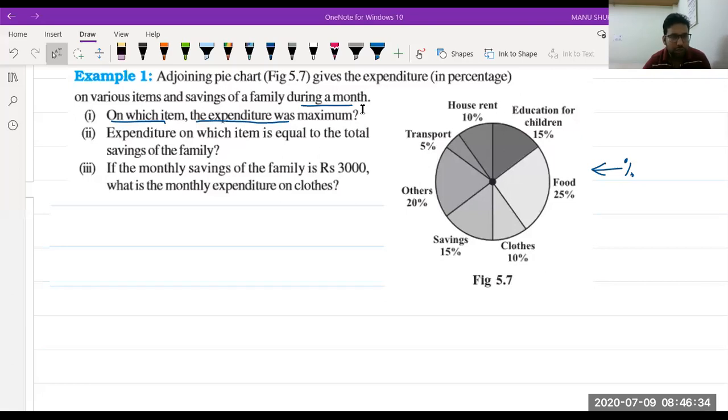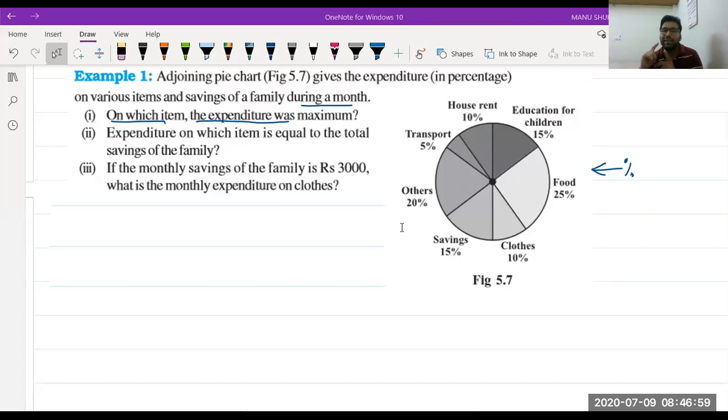Okay, you are saying house rent equals clothes. Rachit is saying savings and education. Let us see. In savings we have 15% and in education we have 15%. That means education and savings are equal.